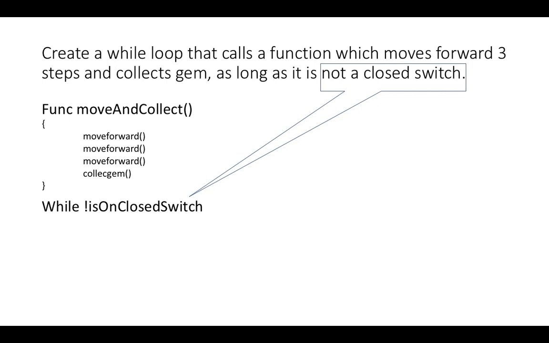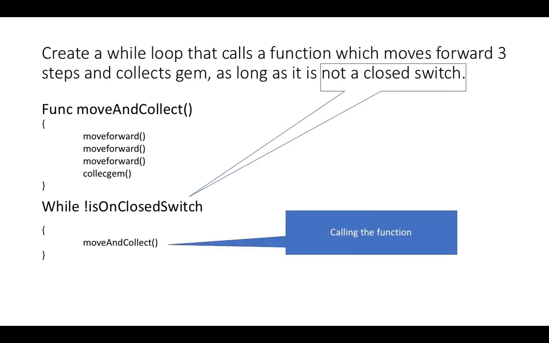So we will write the curly brackets of the while loop, and inside the curly brackets we can call the function move forward. When we call the function, what will happen? It will move forward 3 times and collect the gem. So how many times will this move forward happen in this while loop?